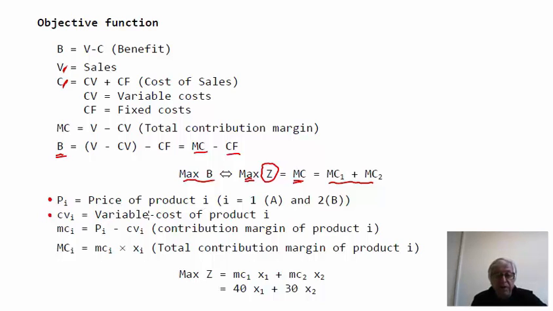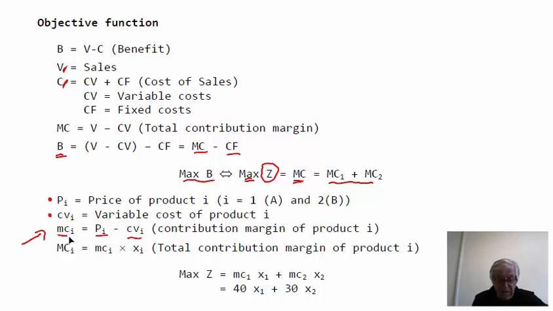For example, the cost of the raw material used to produce one unit. And then we have the contribution margin of the product, which is the difference between the price and the variable cost. This is the information that is given to us in the beginning. So in the beginning, the data of the problem included information about the contribution margin of each product.